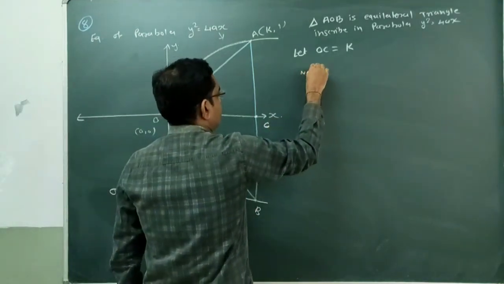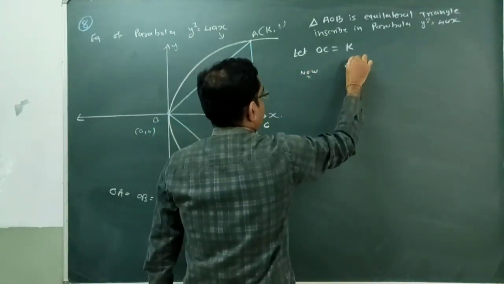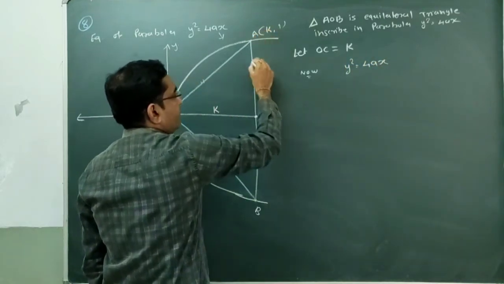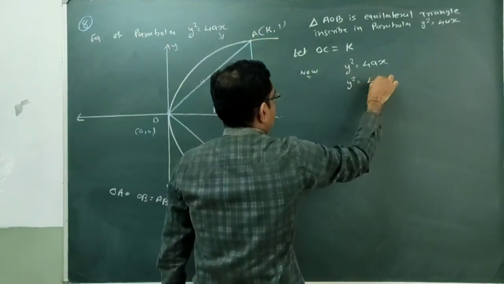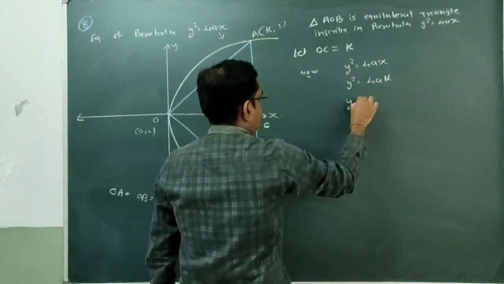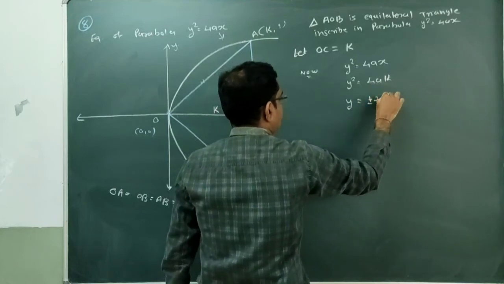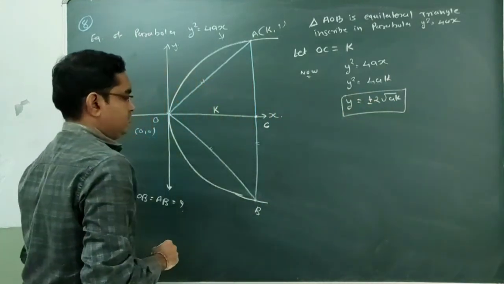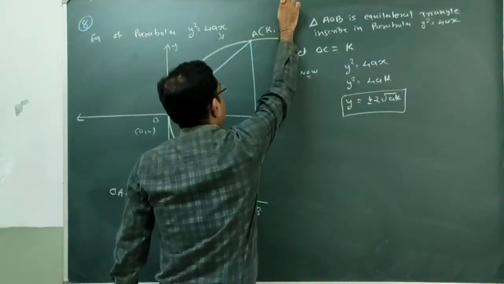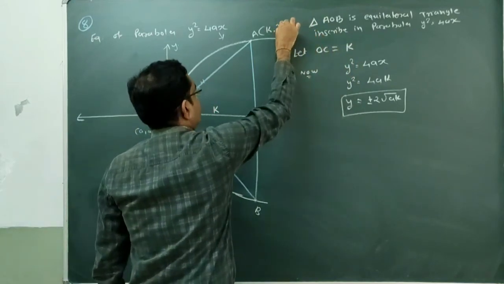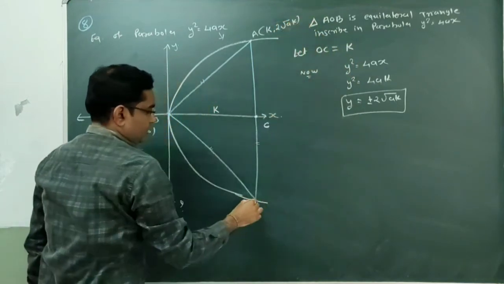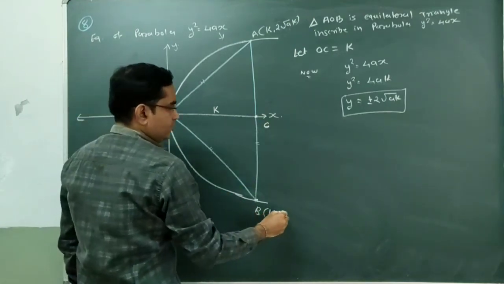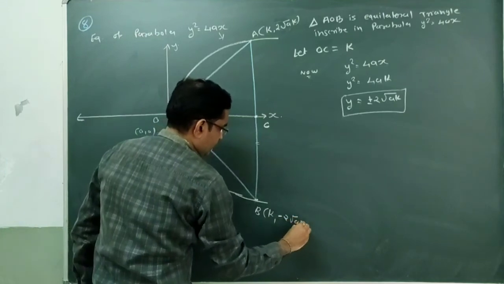So now our equation of parabola is y square equal to 4ax. So here x coordinate of this point A is k, so that will be y square equal to 4ak. So y will be plus and minus 2 root ak. So two possible values of y are there. x positive y positive is 2 root ak, and the other value, x positive y negative, will be -2 root ak.